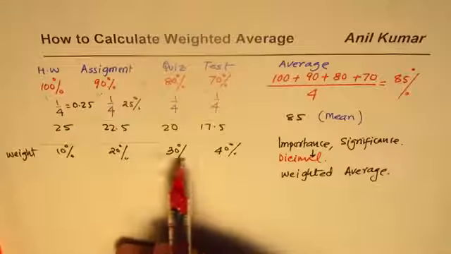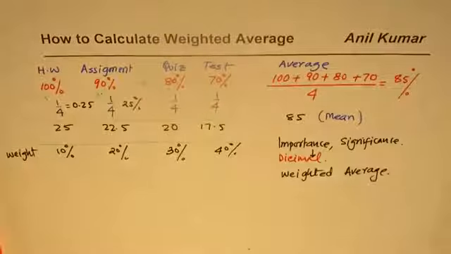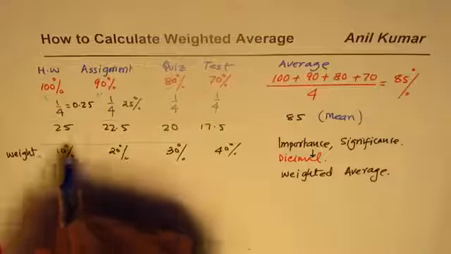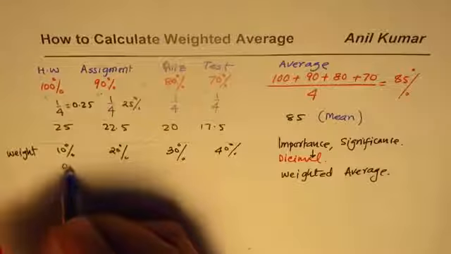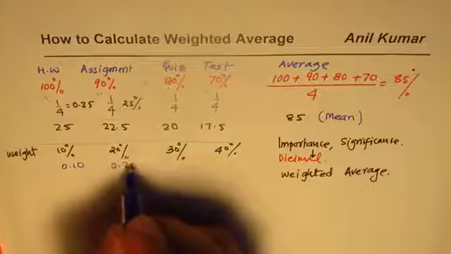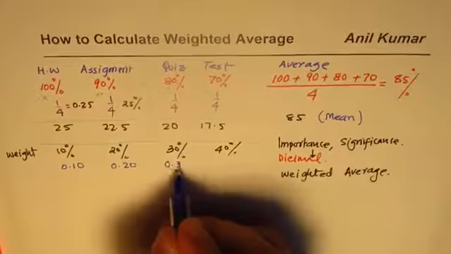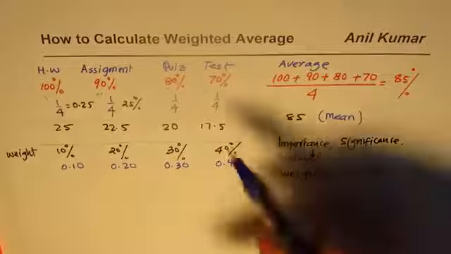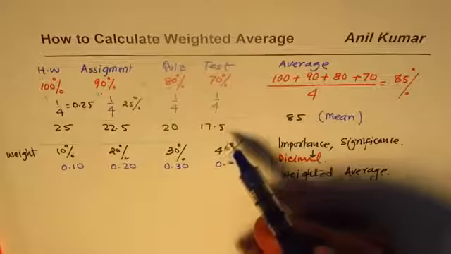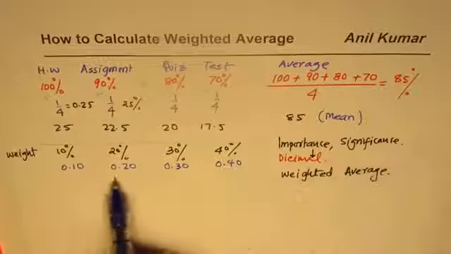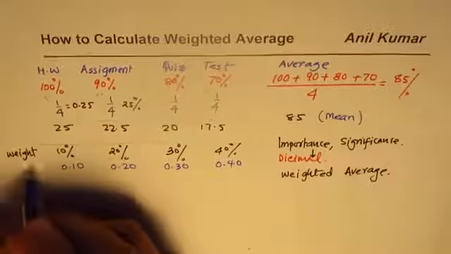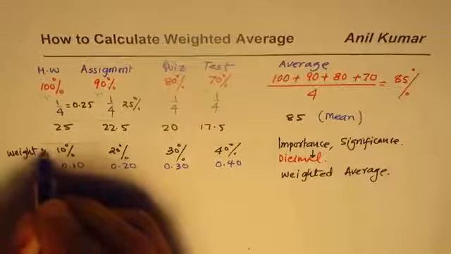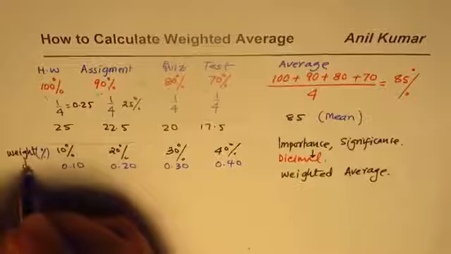It could be fractions also, but decimals is the standard way. So 10% means 10 out of 100, which means 0.10, this is 0.20. The decimal equivalent for 30% is 0.30, and for 40% is 0.40. Now as we did earlier, we'll multiply the marks with the weight. So this is weight in decimals. That was weight in percent. Now we have it in decimals.